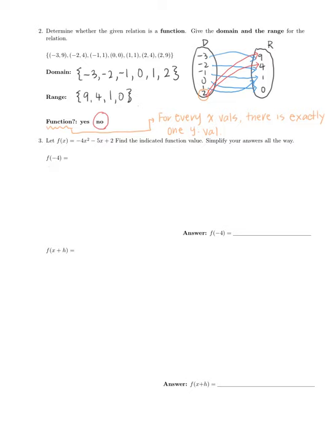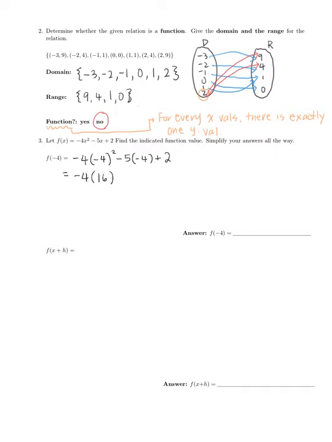Let's do this step by step. This is -4 times (-4) squared, minus 5 times -4, and then plus 2. Now (-4) squared is -4 times -4, which gives us positive 16.